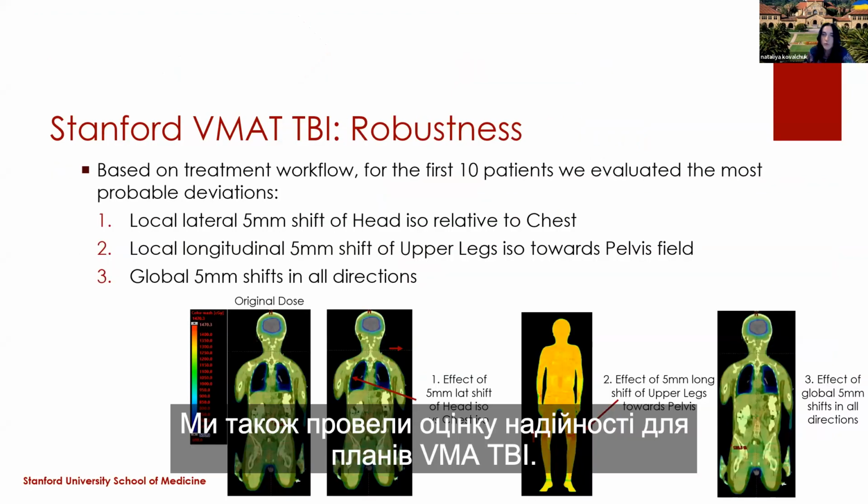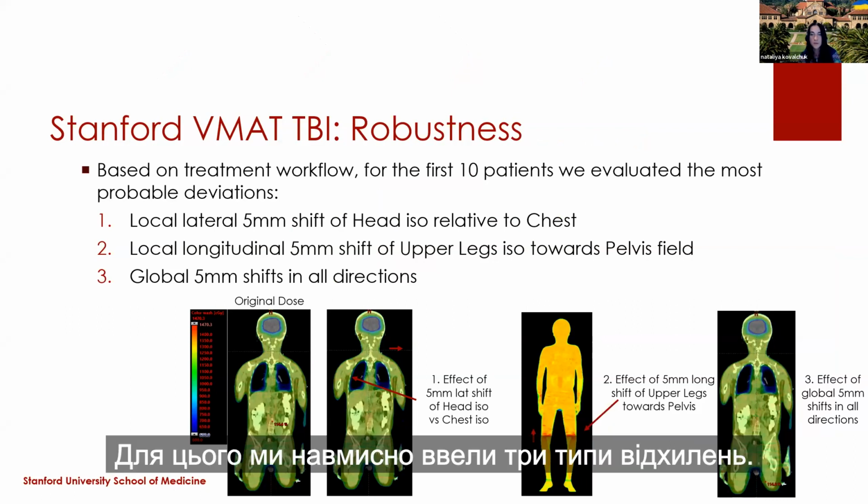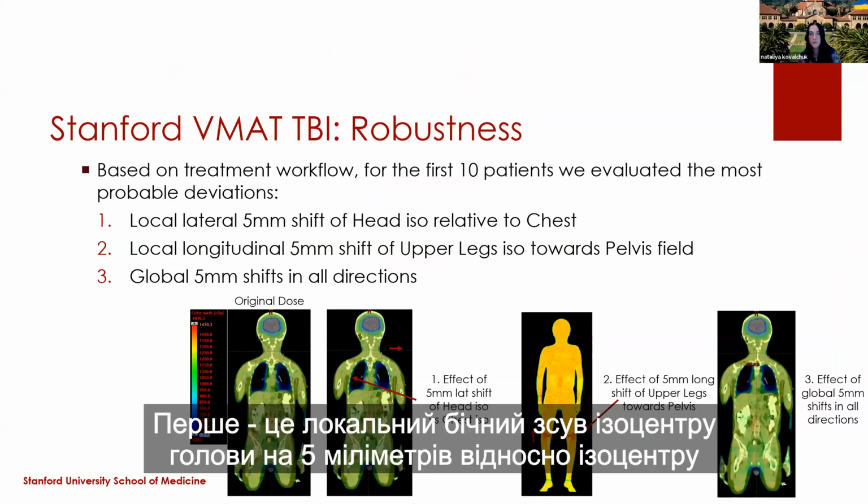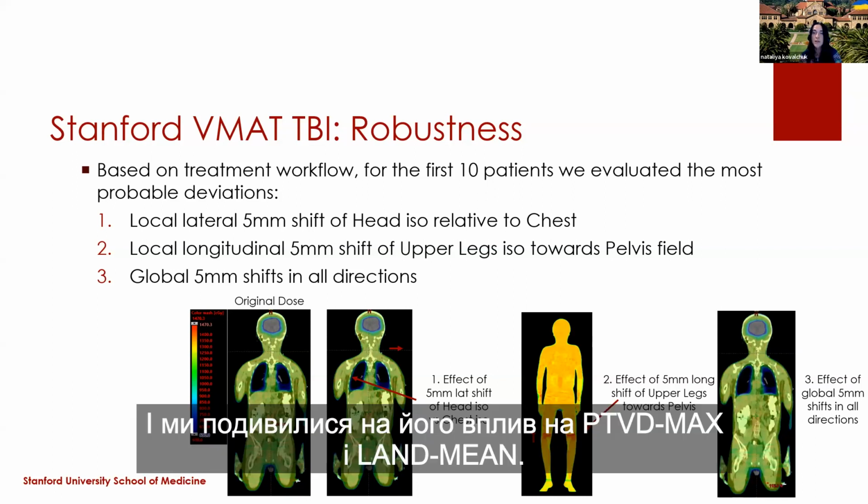We also performed a robustness evaluation for VMAT TBI plans. The way we did it, we intentionally introduced 3 types of deviations. The first one was a local lateral 5 mm shift of head isocenter relative to chest isocenter, and we looked at its effect on PTV D max and lung D mean.